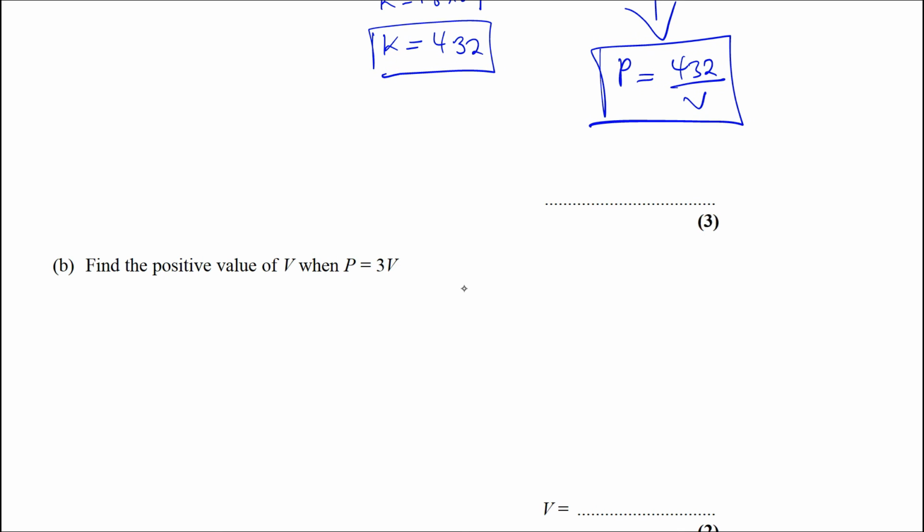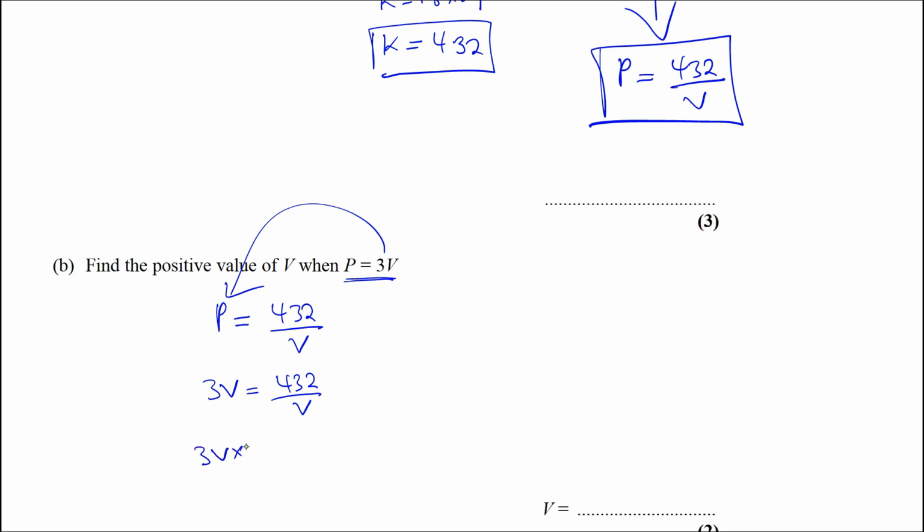So find the positive value of V when P is equal to 3V. We know from this formula that P is equal to 432 over V. But now here, it states that P is equal to 3V. So in place of P, we can replace 3V. So we'll have 3V equals 432 over V. Then we multiply these two.